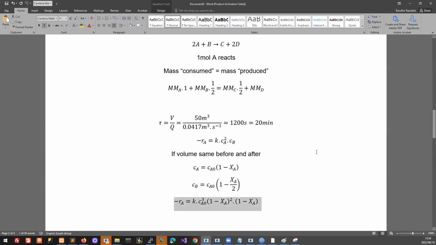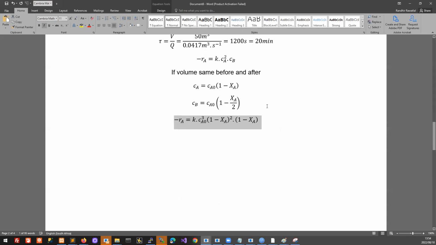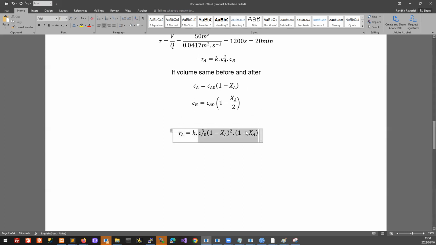So this is our kinetic rate expression, and you see it's nice and compact. It's all written in terms of component A. It has only the variable XA in it. Okay, so that's our rate expression.